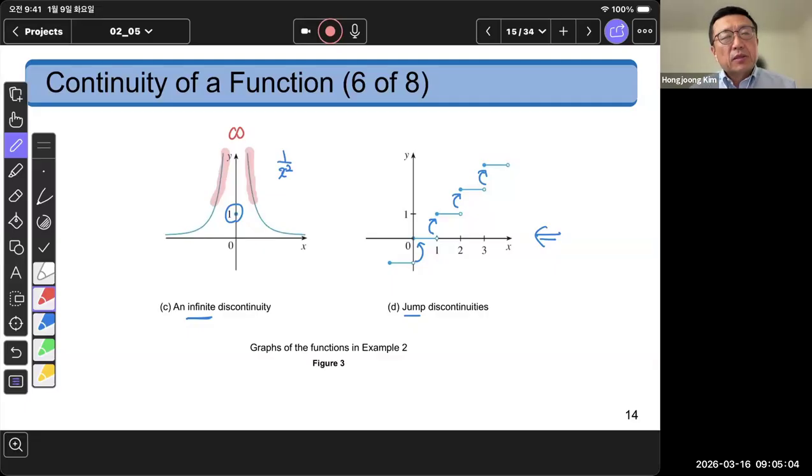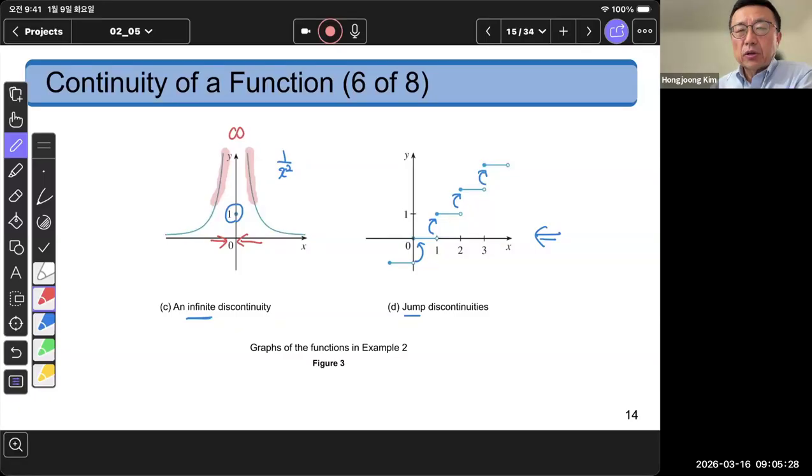But anyway, some people simply say the value of the function will be infinity, meaning as x approaches zero from the right or from the left, the values of the function increase without any bound. That means the values of the function can be as large as you want as x approaches zero.